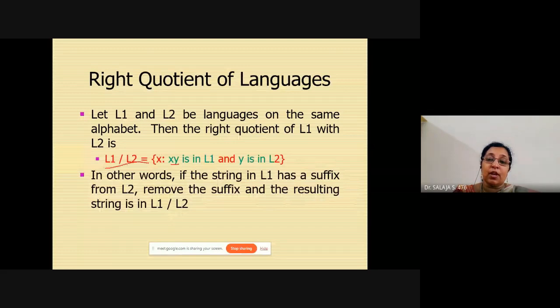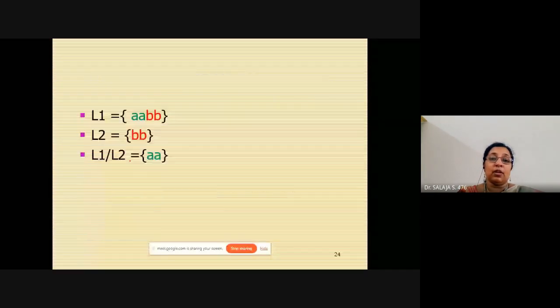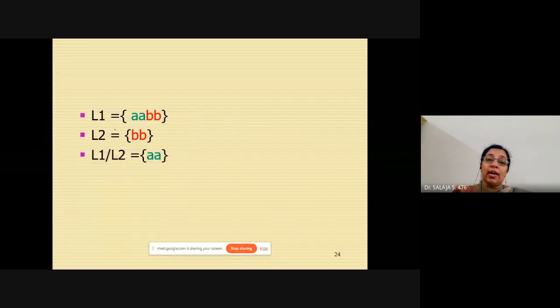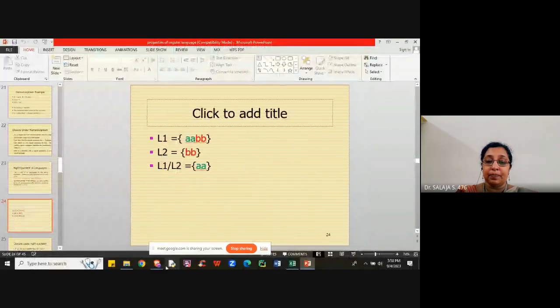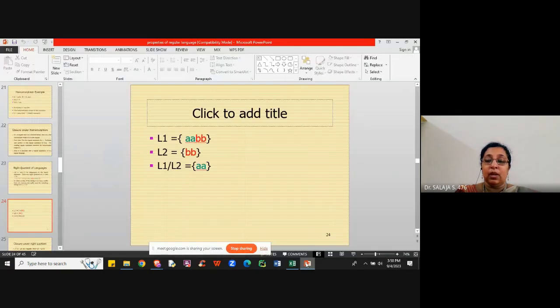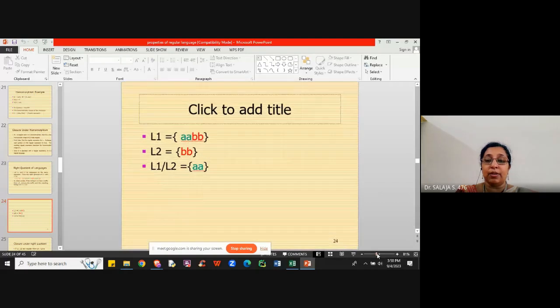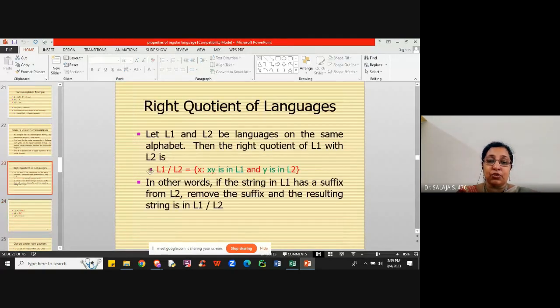Just for our understanding, L1 slash L2 is X, where XY is a part of L1 and Y is a part of L2. Now, for example, L1 has a string AABB, whereas L2 has a string BB. Based on your definition, AA can be considered as X. I'll paste the definition here for better understanding.